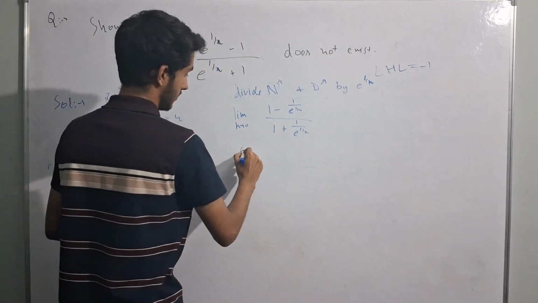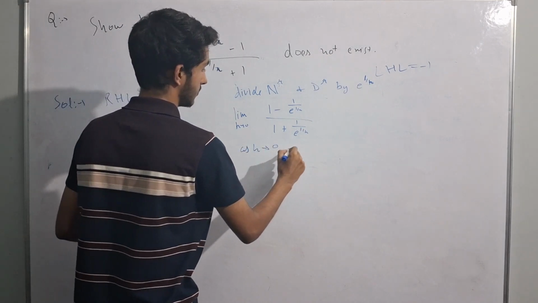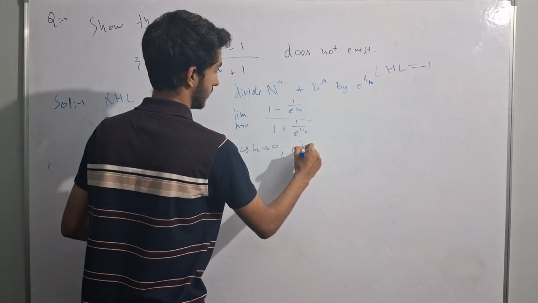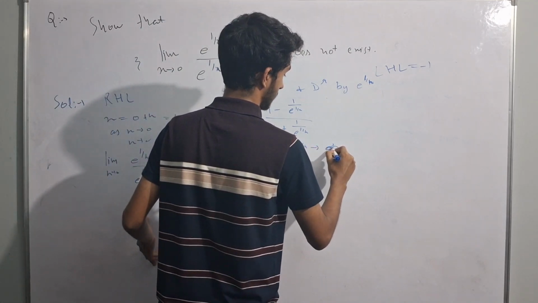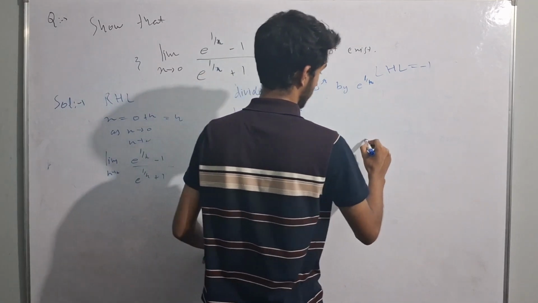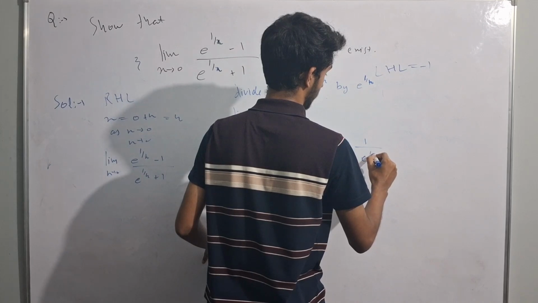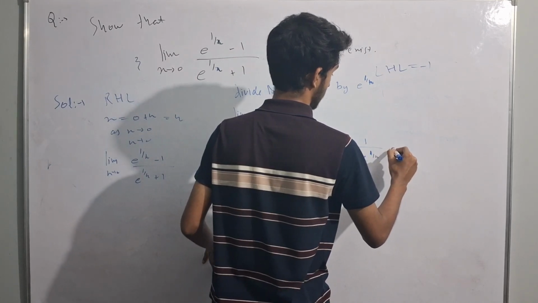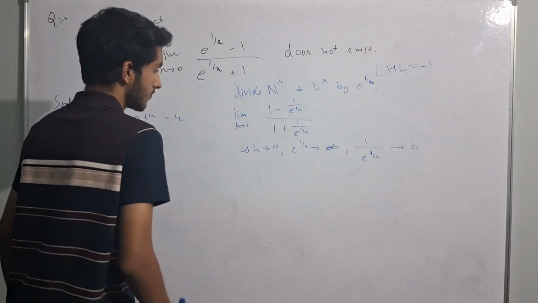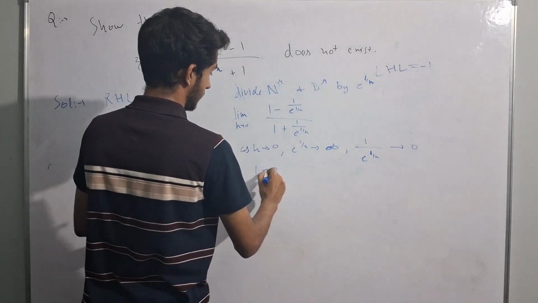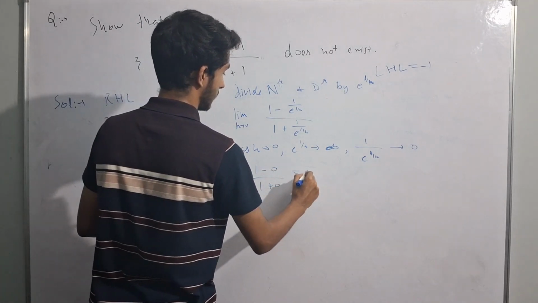So again, as h approaches 0, e raised to power 1 by h approaches infinity, and 1 by e raised to power 1 by h approaches 0. So I get 1 minus 0 upon 1 plus 0 is equal to 1.